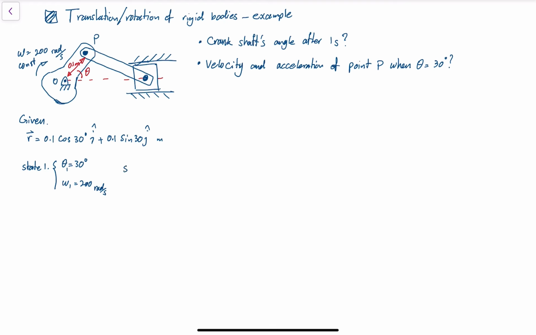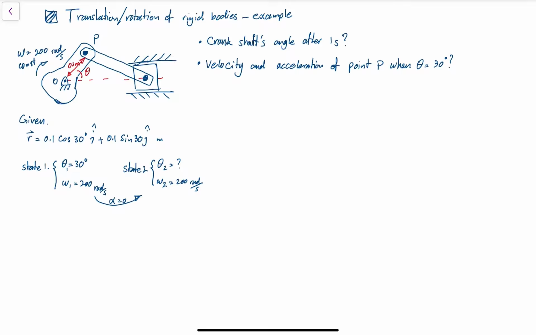In state 2, I want to find this theta 2 that I don't know. Omega remains the same. Omega is constant. Omega 2 is always that 200 radians per second. And in fact, the transition between these two is governed by acceleration, alpha, which is 0, or omega is constant. So that's a good information to have.